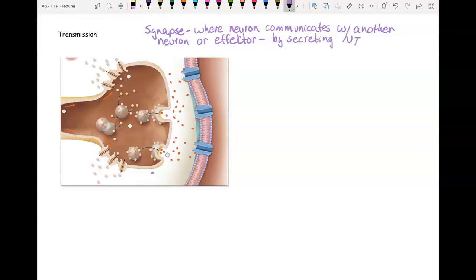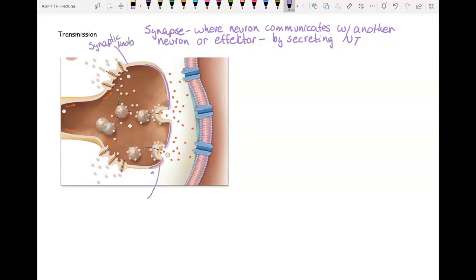So let's start by labeling some parts here. This area right here on your synaptic knob is the presynaptic membrane. So remember, this whole structure is the synaptic knob. We labeled those when we first labeled the neuron.